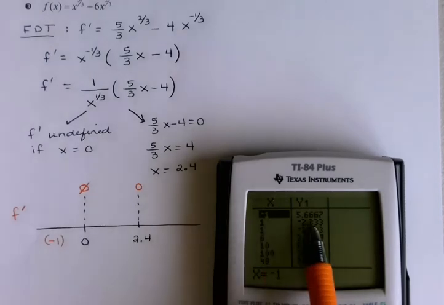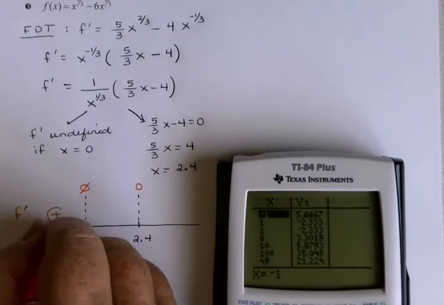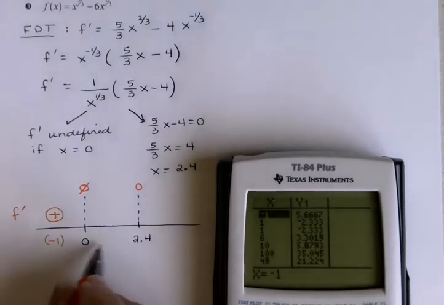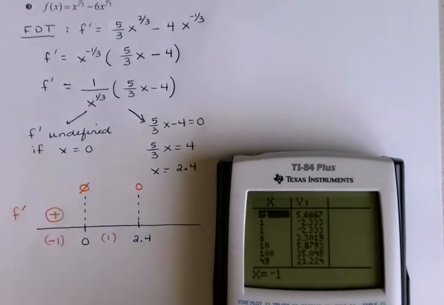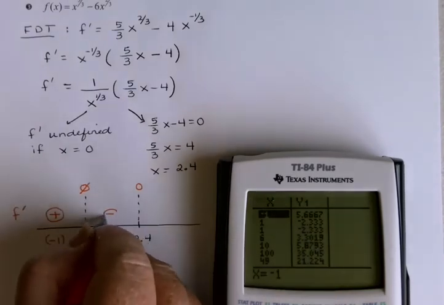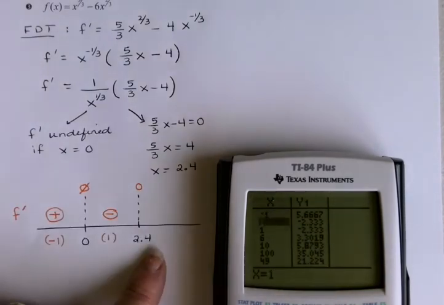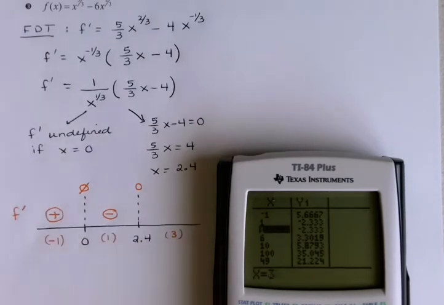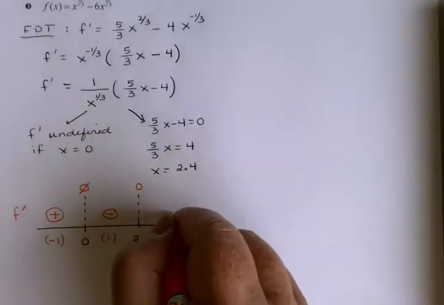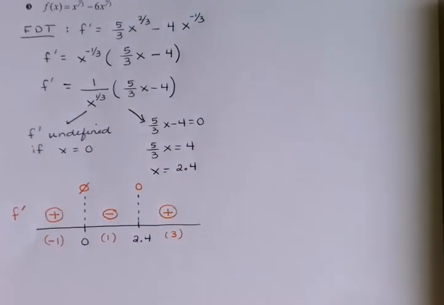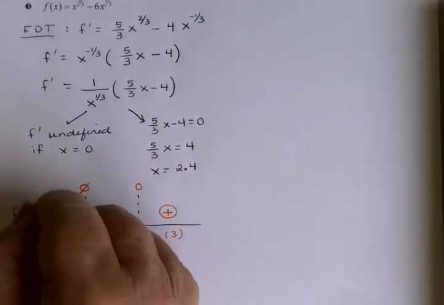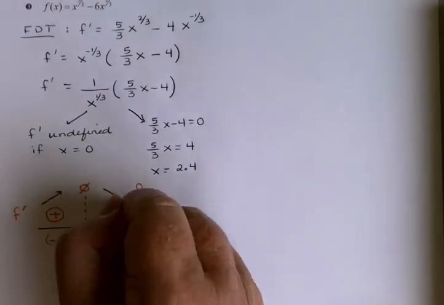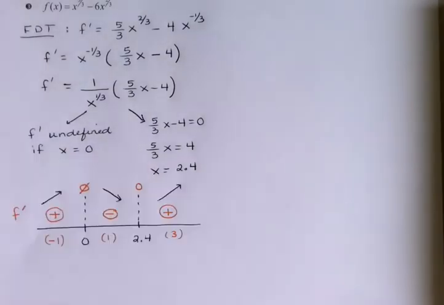And I did get a positive value for that derivative. If we choose +1 between 0 and 2.4, looks like our derivative is negative. And then something bigger than 2.4, maybe 3. We're getting a positive. So my graph was increasing, and then decreasing, and then increasing.